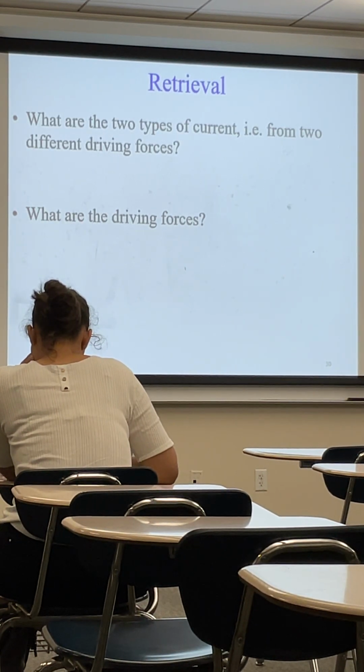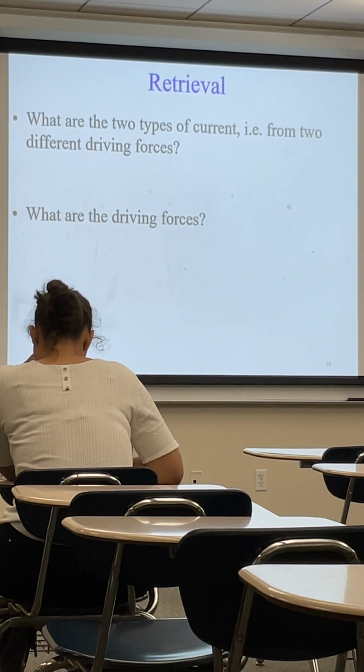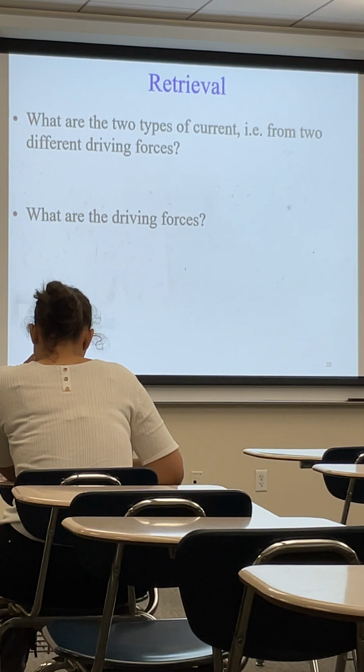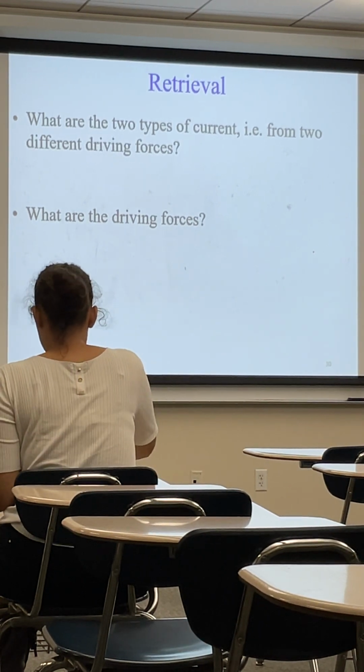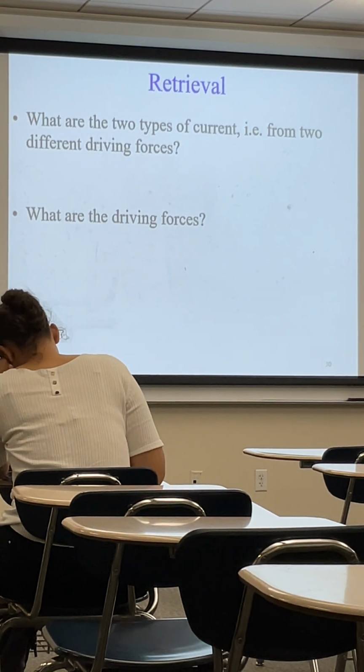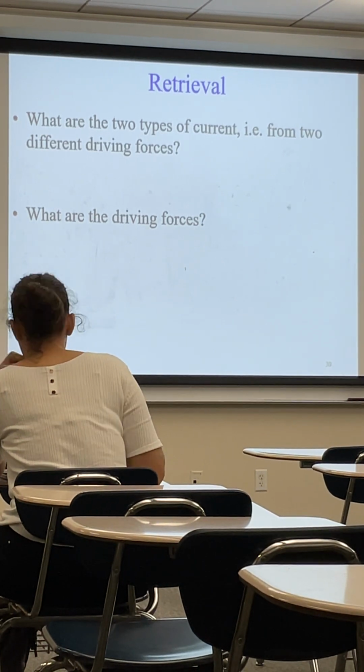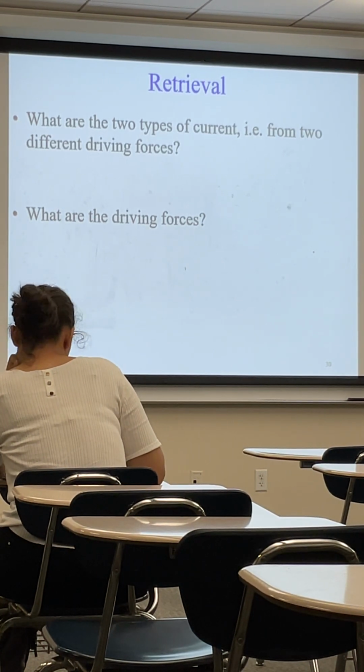Drift and diffusion current. Yes. So what are the driving forces? For the drift current, what's the driving force? Say again. Electric field. It should be electric field. For the diffusion current, what's the driving force?